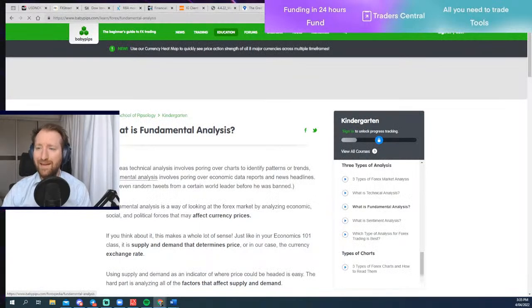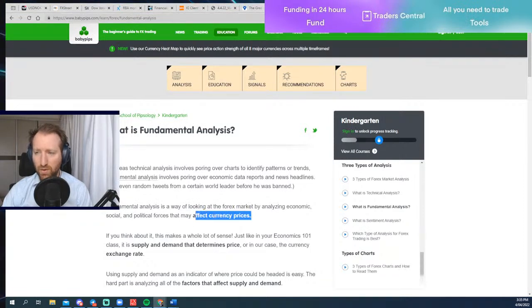But I think the most important thing, even though it's taken out of context, is what may affect the currency price? That's a lot of things. That could be taxes. That could be Biden saying something interesting or something not so interesting.